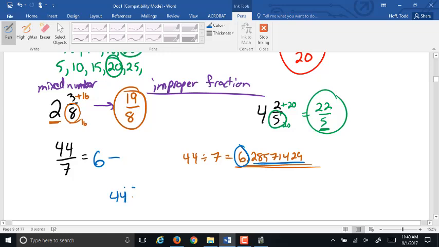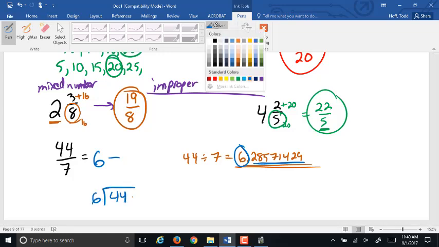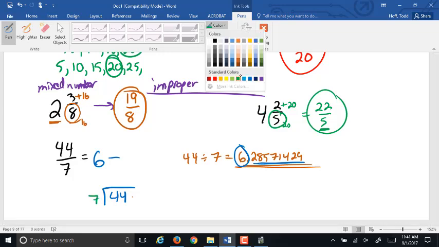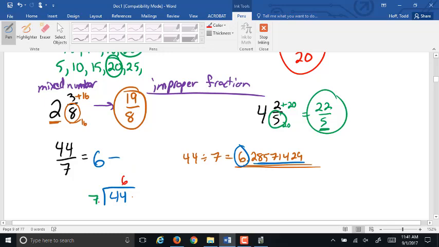For me, this works easier if I do it as a long division with remainder. 7 goes into 44 six times. 6 times 7 is 42. There's 2 left over. That's 2 sevens. So that's 6 and 2 sevens.